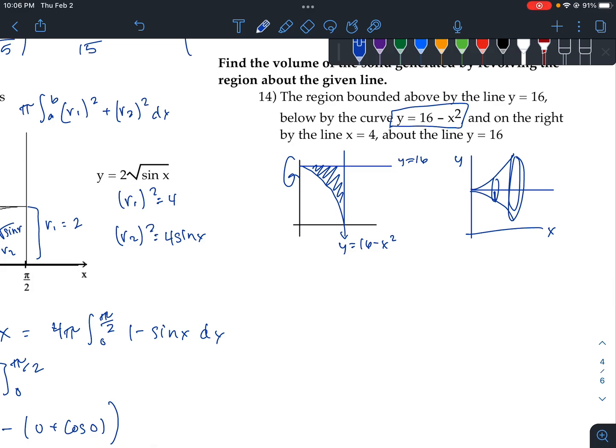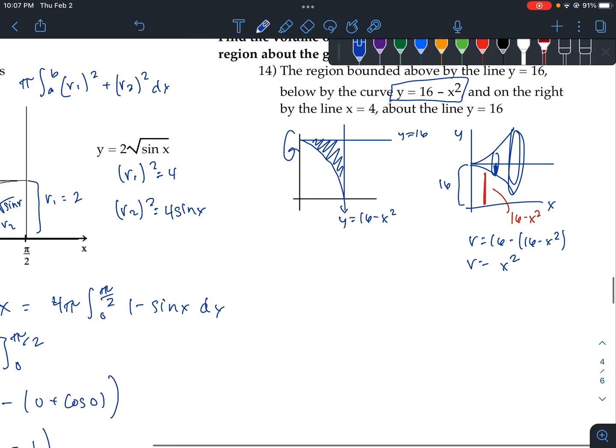That distance would have to be 16 minus this distance, which is 16 minus x squared. So r is going to be equal to 16 minus x squared. So r is just x squared. So r squared is going to be x to the fourth.